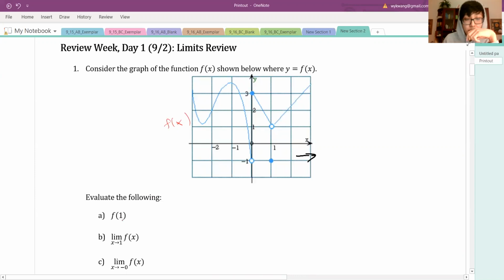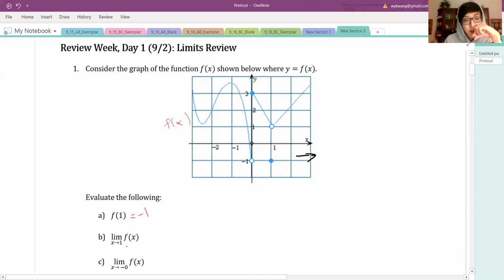So f of 1, notice this isn't a limit. We're literally just asked to plug in 1. So when we plug in 1, we'll look here, right? That's where 1 is. We'll notice that it looks like it's going to here, but there's a hole in the graph actually. And f of 1 is actually located down here because that is a filled in hole. So that is where f of 1 is actually equal. So it's equal to -1.